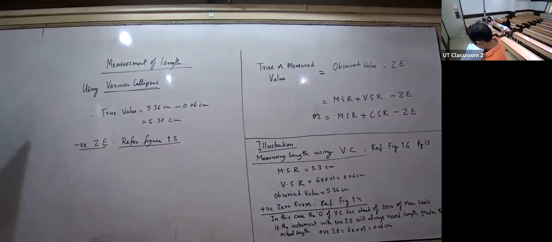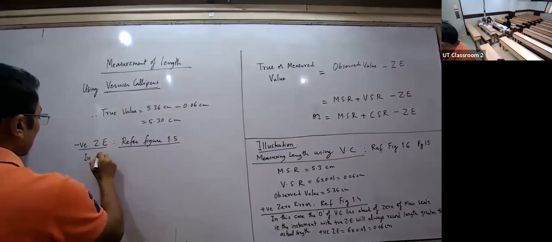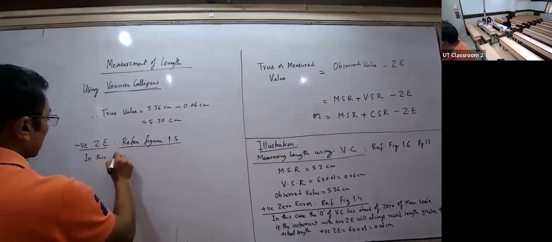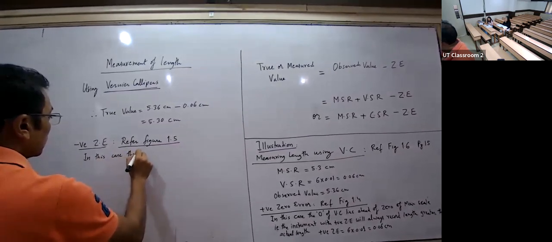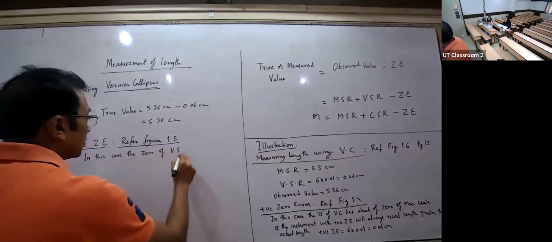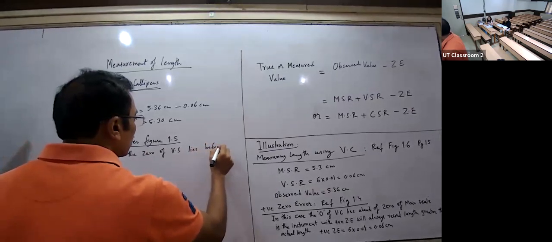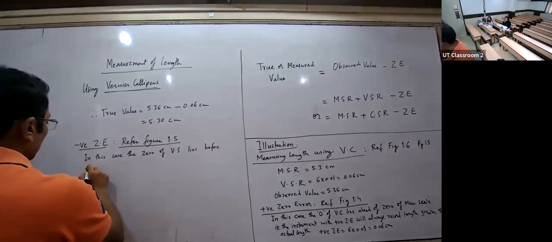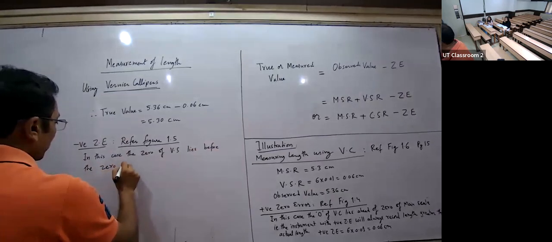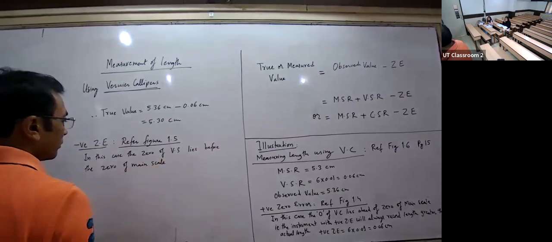Now when the jaws are closed, the zero of the vernier scale lies to the left of the main scale zero, right? In this case, the zero of the scale lies before the zero of the main scale. Right?